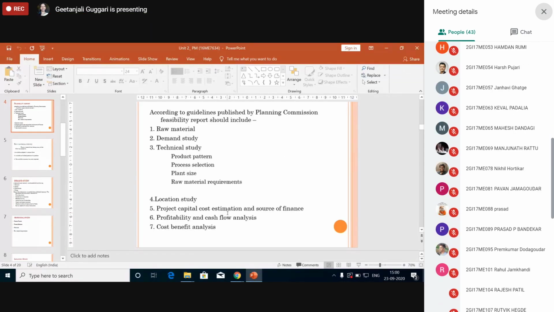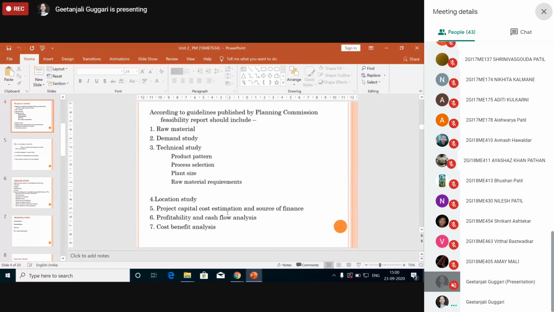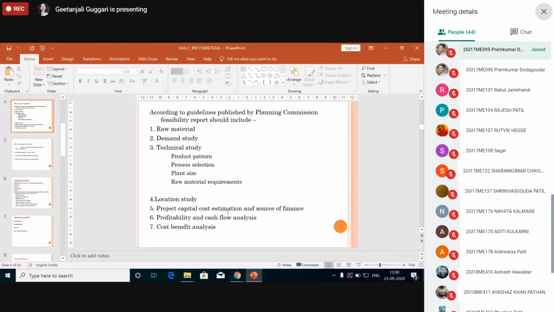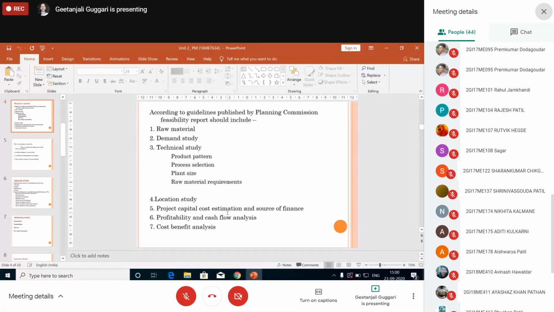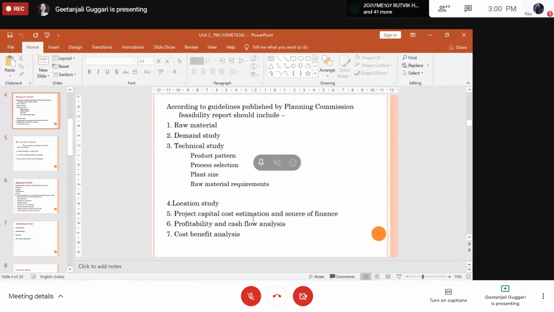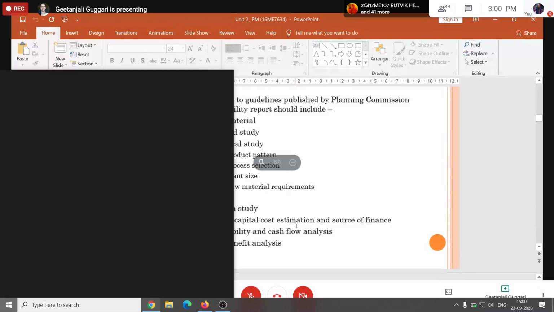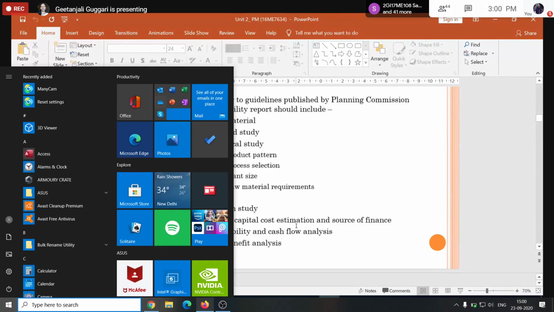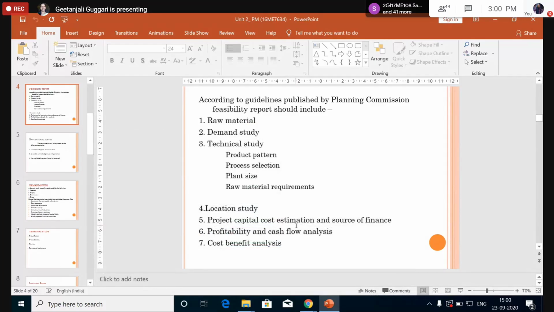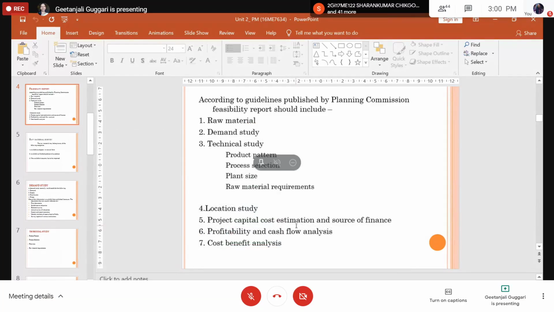So these are the different methods one has to go through for estimating the profitability of our project. This we will take up in the last class. So this is the last part of the project feasibility.